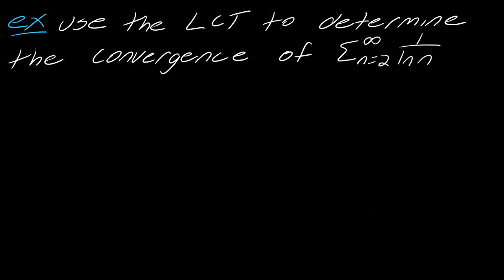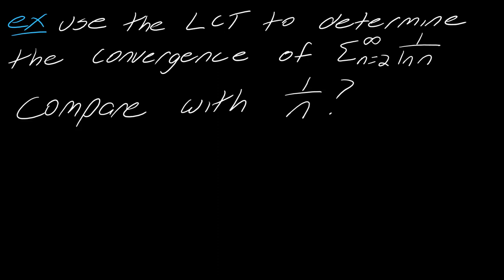Let's talk about one other one, maybe just with a slightly different result. So same idea, we're going to use the limit comparison test for 1 over the natural log of n from 2 to infinity. Okay, so in this case, as far as what do we compare it with? The easiest choice would be just to compare with 1 over n. And what do you know about 1 over n?